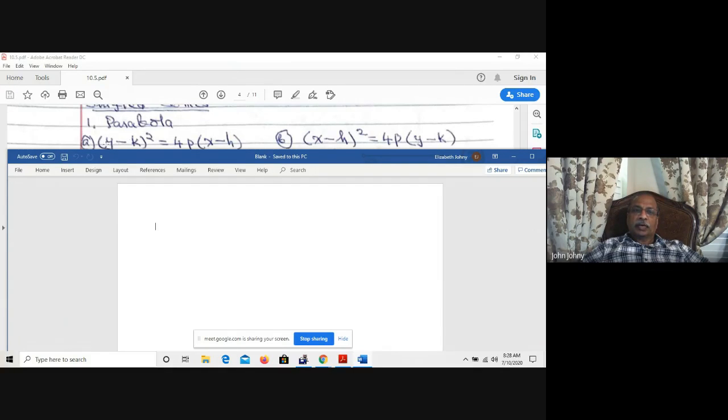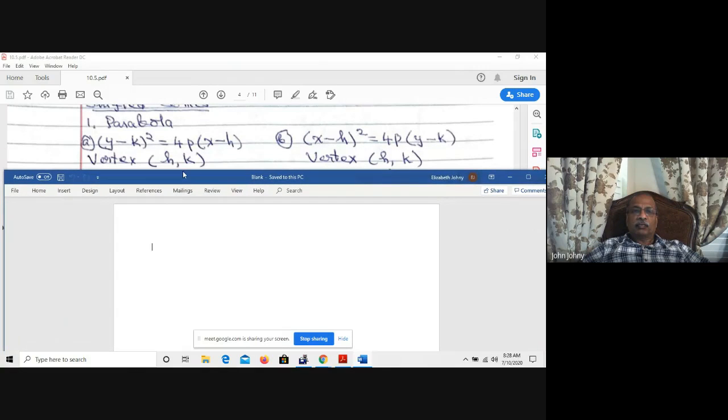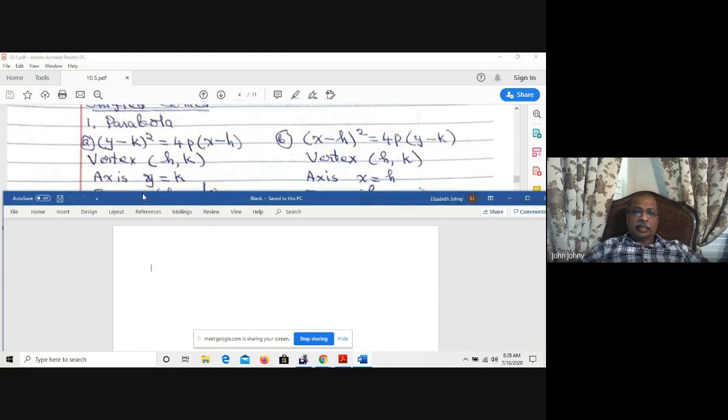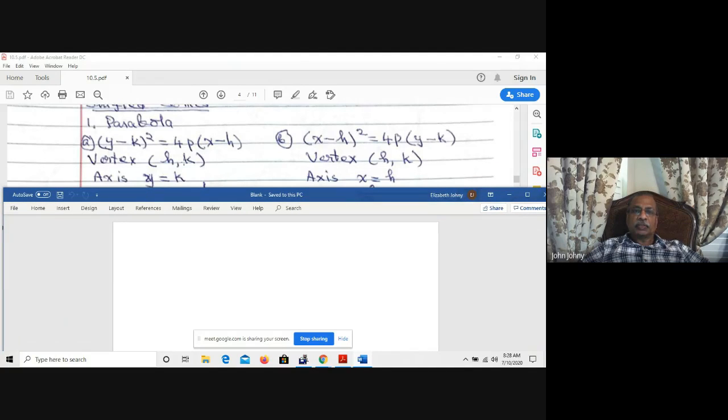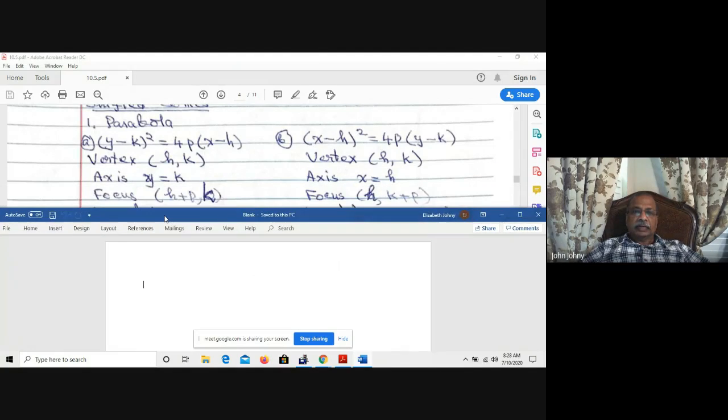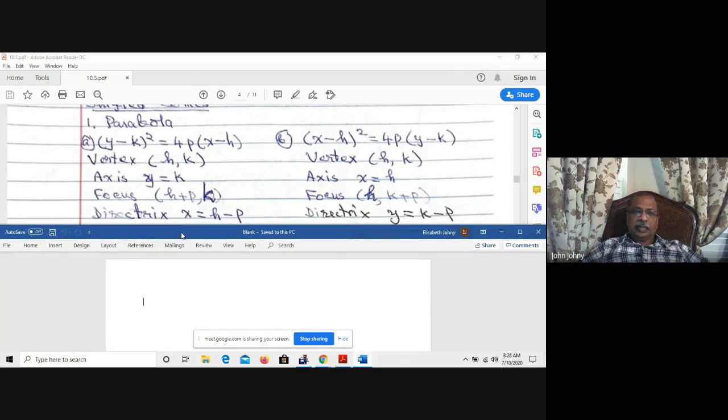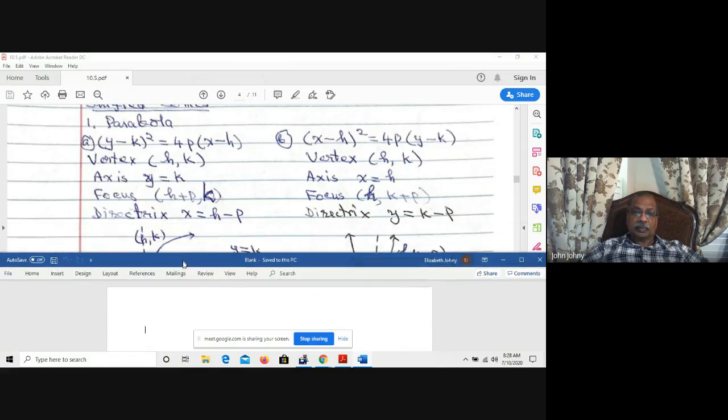In this case, the vertex is (h, k) and the axis is y is equal to k. Then the focus is (h plus p, k). The directrix is x is equal to h minus p.